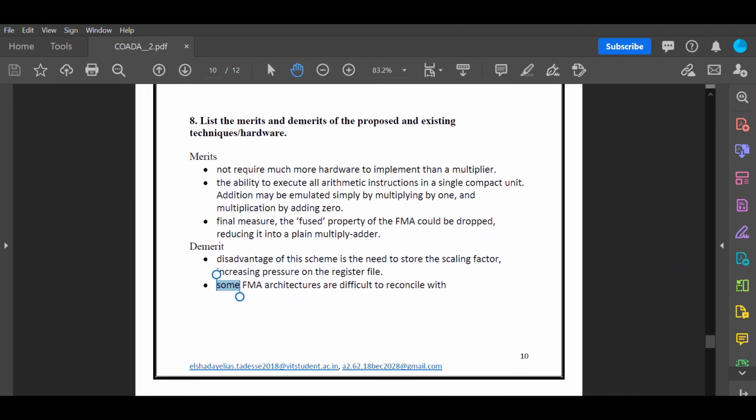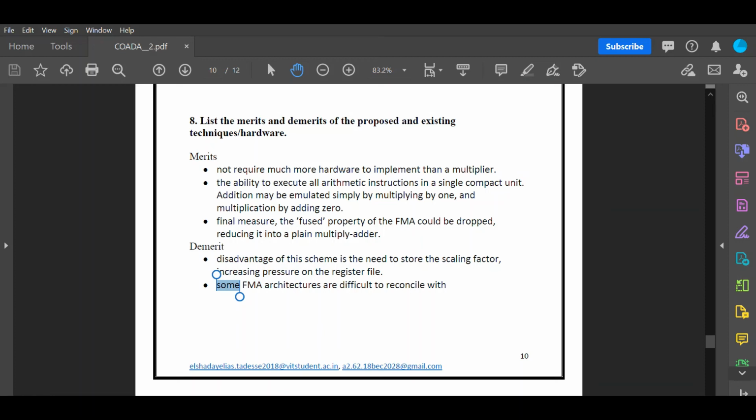Okay, the next question is to list the merits and demerits of the proposed and existing techniques or hardware. So the merits include that it does not require much more hardware to implement than a multiplier, and the ability to execute all arithmetic instructions in a single compact unit. Addition may be emulated simply by multiplying by 1 and multiplication by adding 0.